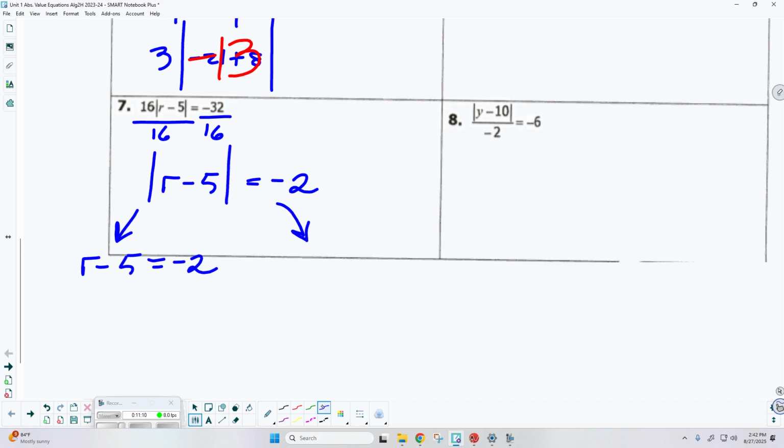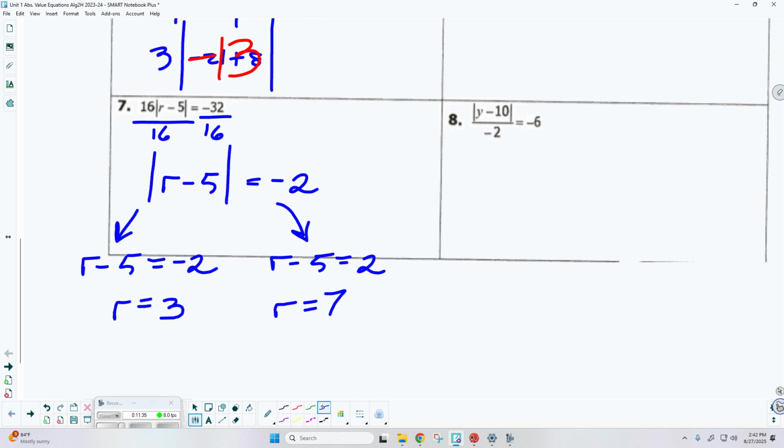What's the second equation? R minus 5 equals a positive 2. Okay? And then these are super easy to solve, right? All I got to do is add 5. What's a negative 2 plus 5? So that's 3. Okay? This time 2 plus 5 is 7.